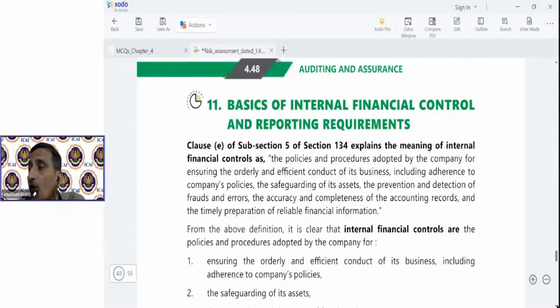So what you are asking is whether the company can appoint a person from the sales department as internal auditor.